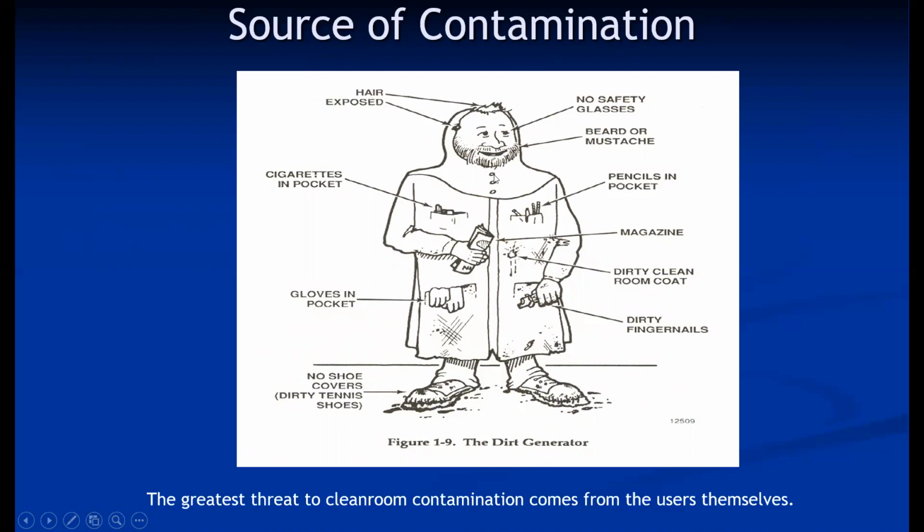Beard or mustache also emit some pollutants. Cigarette packs, pencils in the pocket, magazines, dirty coat, dirty fingernails, gloves, shoes, all these factors contribute to the contamination of the air.